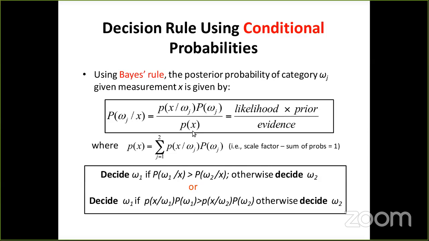Based on that evidence, we have to decide which class our data belongs to. I hope you will remember these three terms, not just for this lecture, but for your lifetime, because they are fairly commonly used. Whenever someone says likelihood, they mean the distribution over your observed data given your class. Prior is your prior probability, and evidence is the probability of your observed data.